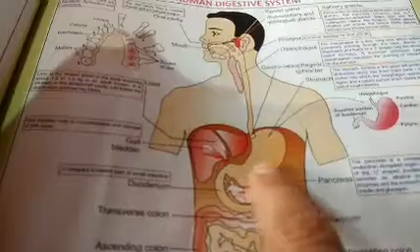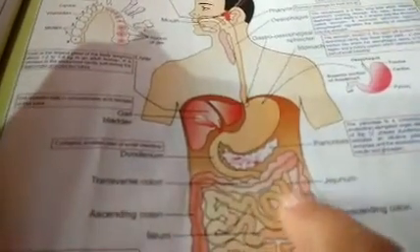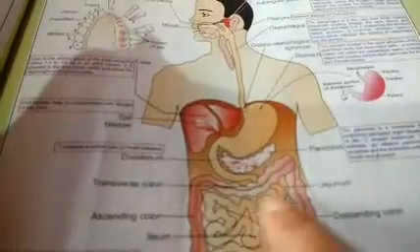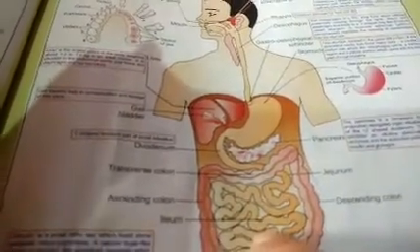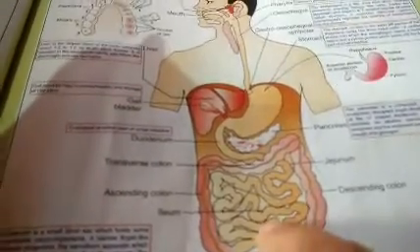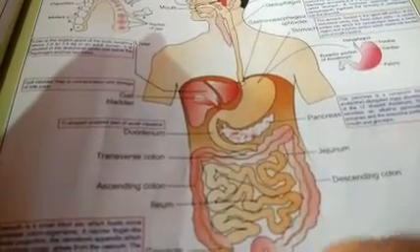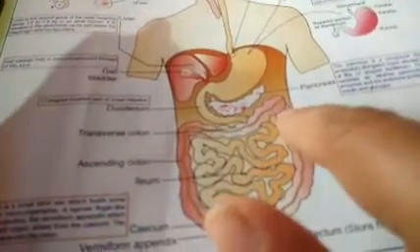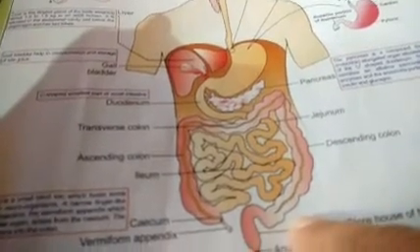Now, thereafter, stomach opens into a small intestine. This is the small intestine. Although it appears as the longer one, yes, it is the longest part, but it is less wide. And this outer one is the large intestine, which is the widest, but it is shorter.